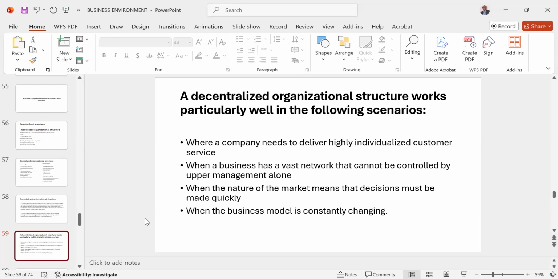So the reason why decentralized will work in this type of company is because everybody in their branches is highly skilled. Not necessarily because they are working as a whole, not necessarily as a subordinate.